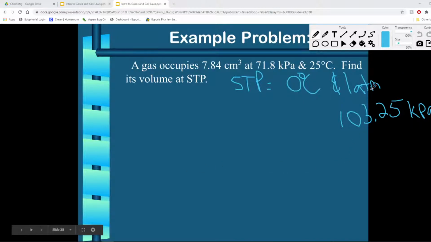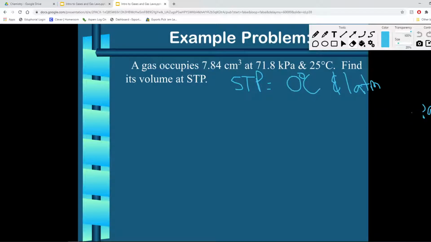Sorry, that didn't sound right, so I just went and checked actually. It is not 103.25, it's 101.325. So let me erase this real quick. It's actually 101.325 kilopascals.